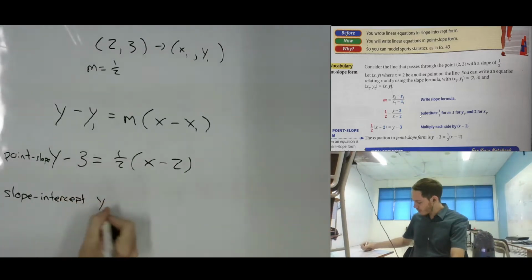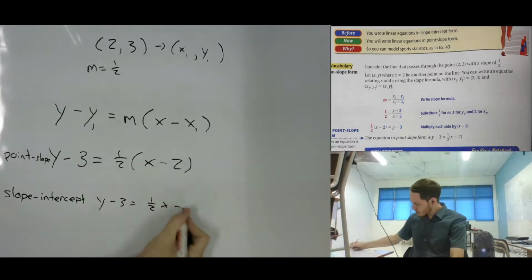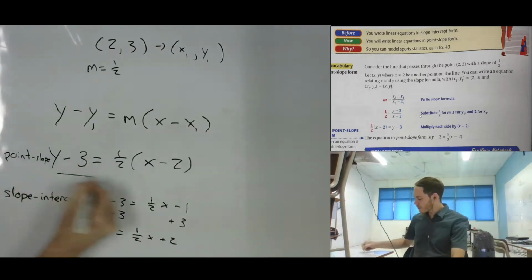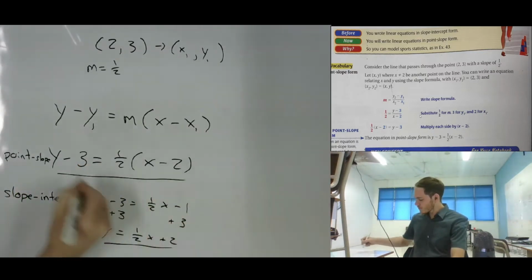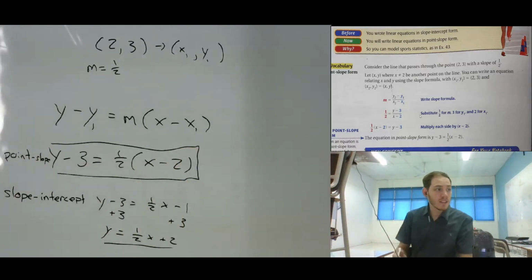So you'd get y minus 3 equals 1/2 x minus 1, and add 3 to both sides, and you get y equals 1/2 x plus 2. So notice we can go from this form to this form, but today we're focusing on point slope form, okay?